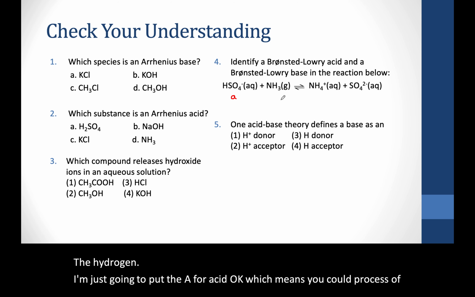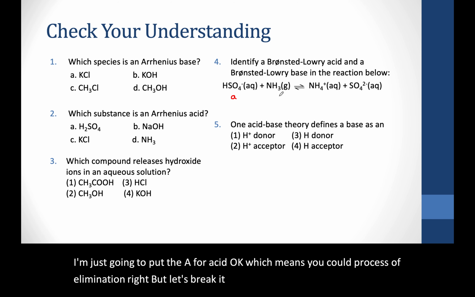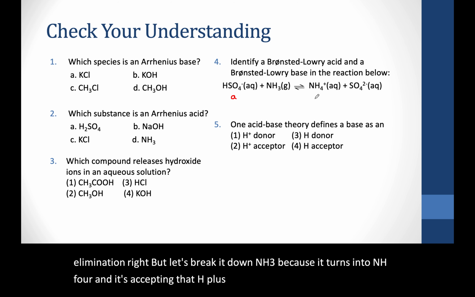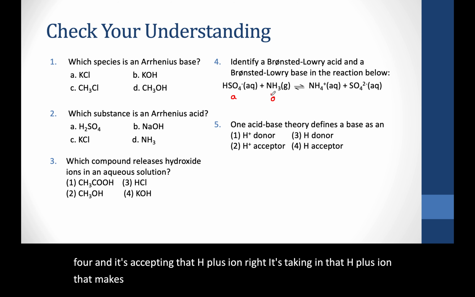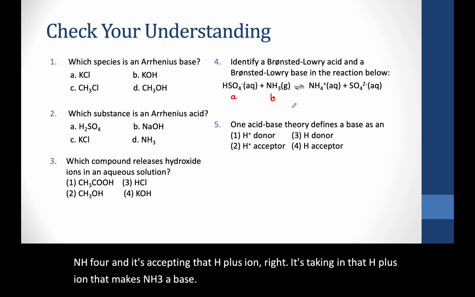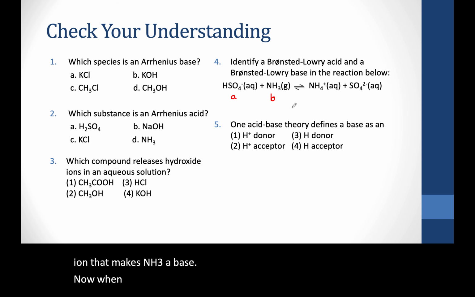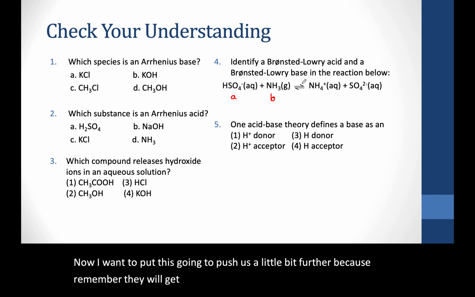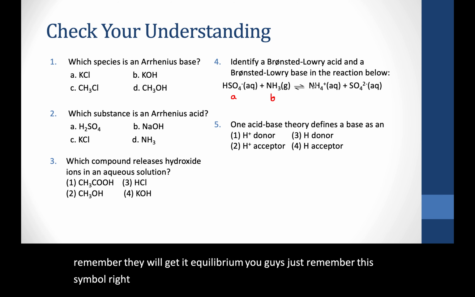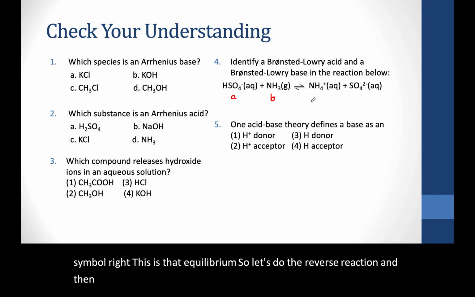Which means process of elimination, right? But let's break it down. NH3, because it turns into NH4 and it's accepting that H plus ion, right? It's taking in that H plus ion. That makes NH3 a base. Okay? Now I'm going to push this a little bit further because remember, look at it, equilibrium. You guys remember this symbol, right? This is at equilibrium. So let's do the reverse reaction and then classify these as acids and bases.